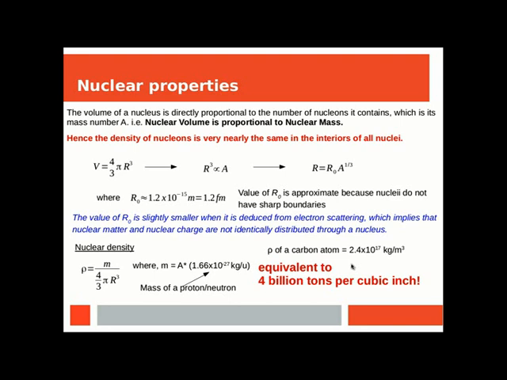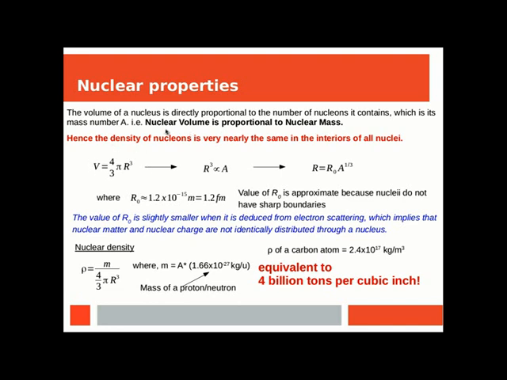Once we know the size of the nucleus, or radius, we can easily determine its volume and its density. We know that if R is the size of the nucleus, considering it to be spherical in shape, the volume of the nucleus should be this.